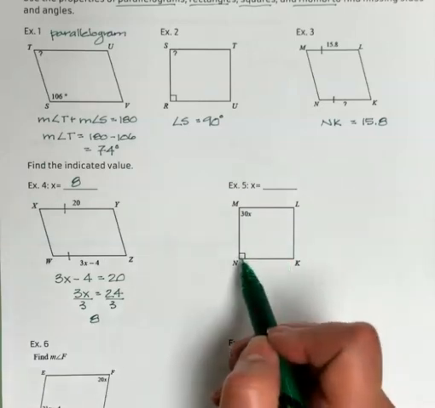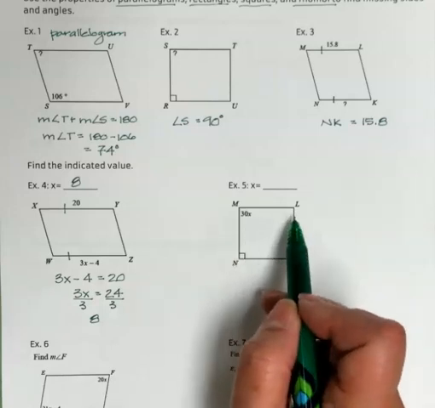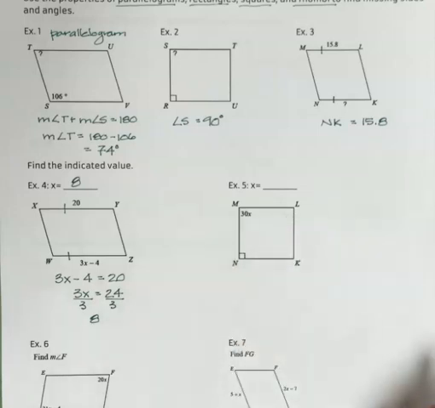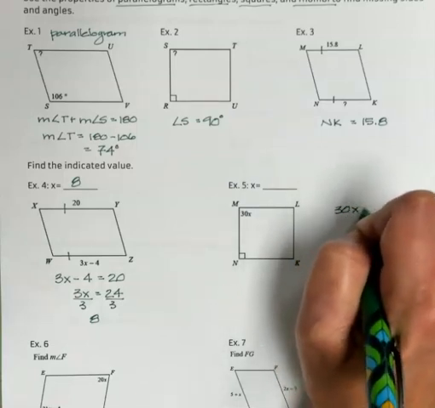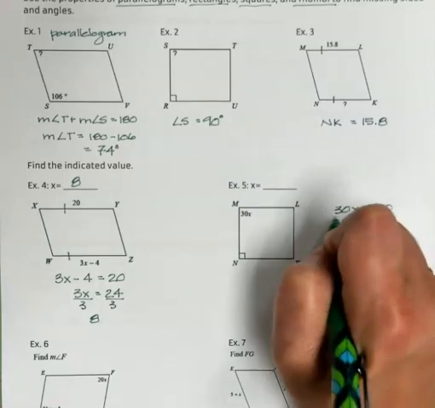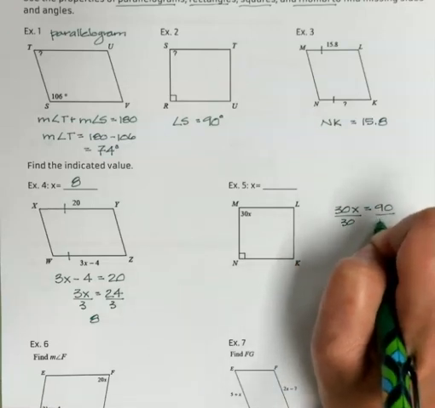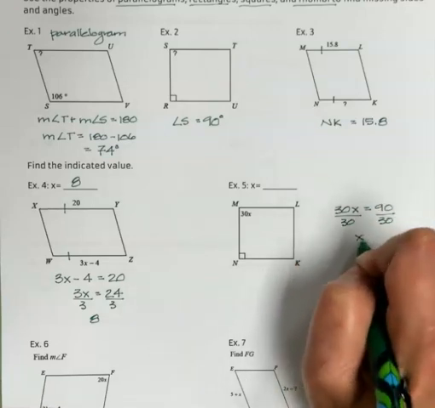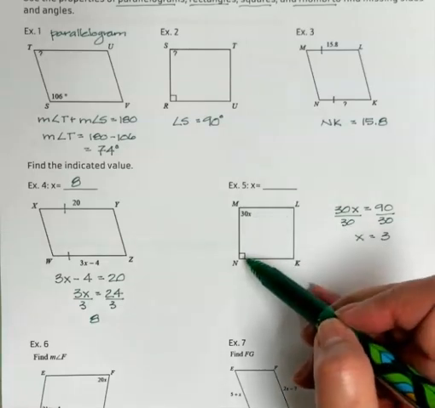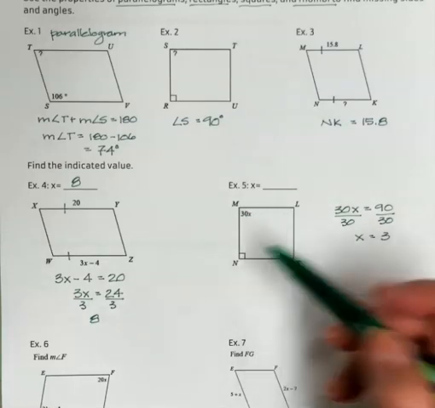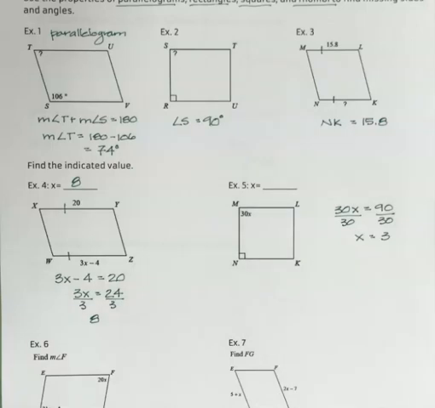Example 5, we have a right angle here, so that means every one of our angles are right angles, and we could solve it one of two ways. We could solve it recognizing that it's a right angle, and all right angles measure 90 degrees. And we get x equals 3, or we can use the fact that it is consecutive angles and they're supplementary.